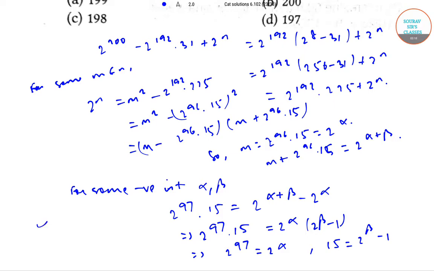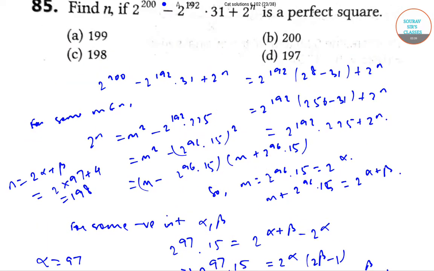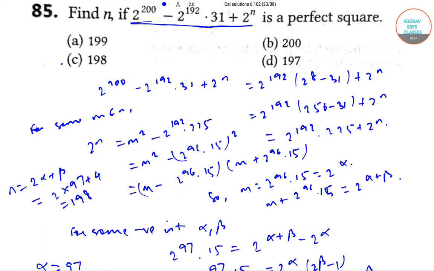So from here we get alpha is equal to 97 and beta is equal to 4. So n is equal to 2 alpha plus beta, that is 2 × 97 + 4, that is 198. The correct option is option C.